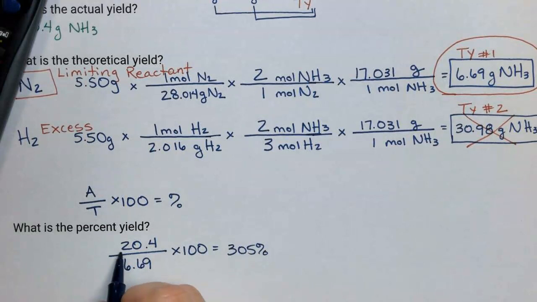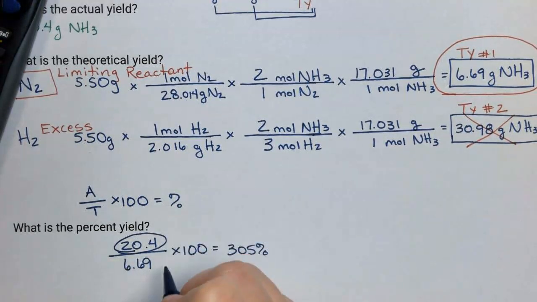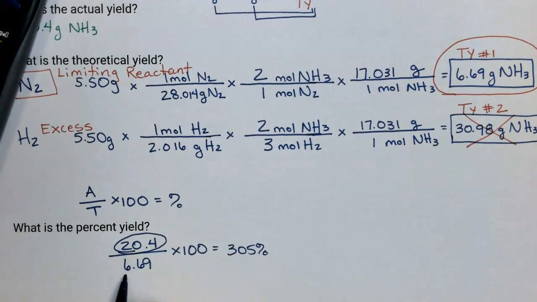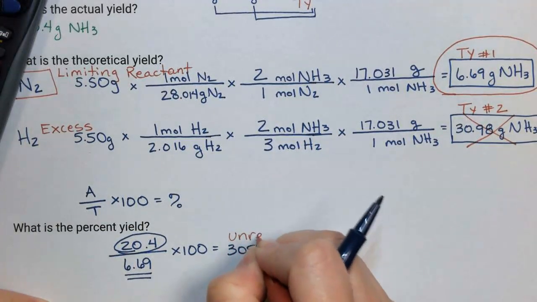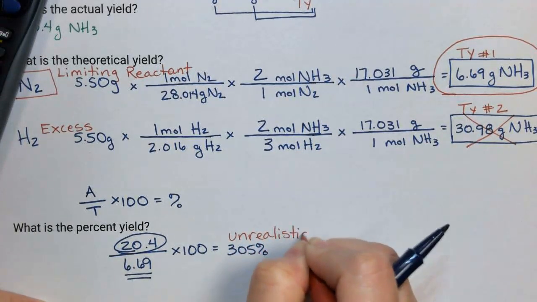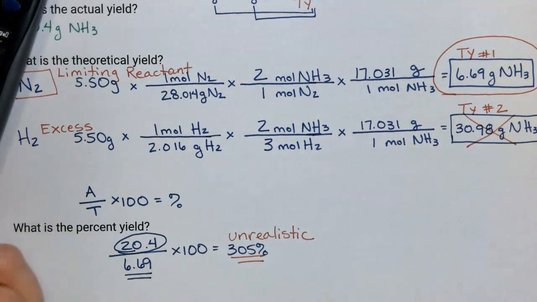And that's because this number is far too large to be the actual yield, because theoretically we can only make a maximum of 6.69 grams. So this is a very unrealistic number, but that is the numbers that we had in this problem, so we will go with it.